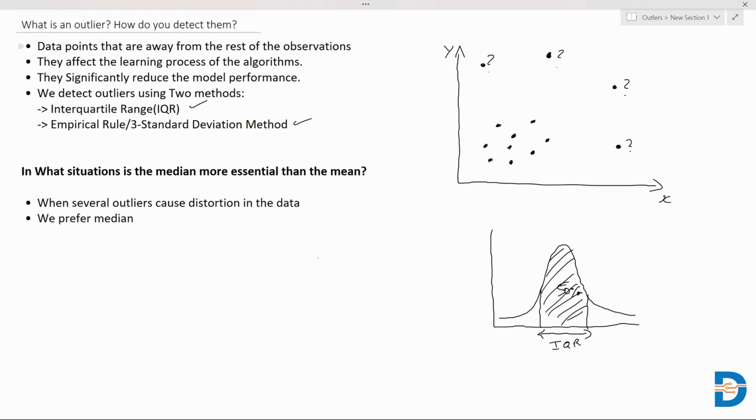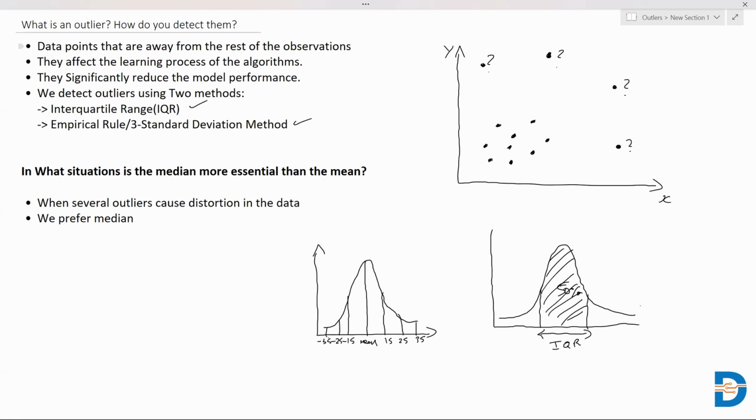On the other hand, your empirical rule is generally more helpful if your data is normally distributed. So let's say this is normally distributed data. We divide the whole data into three standard deviations from the mean, just as an example. This will be your mean, and this is one standard deviation, two standard deviations, and three standard deviations on both the positive as well as the negative side.